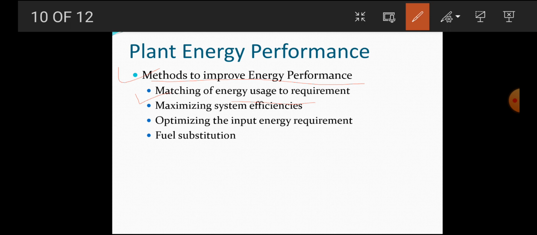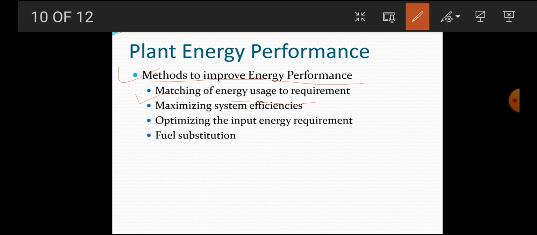That is an example of eliminating mismatch of energy usage. A second example is moderating chilled water temperature as per the chilling needs. These are a few examples which we can use in industry.